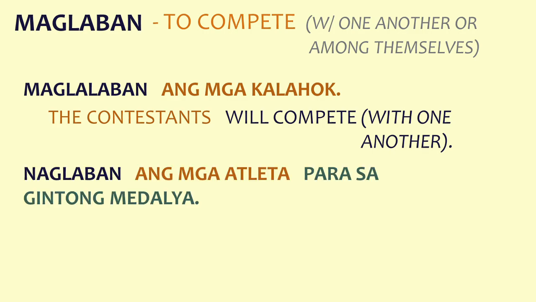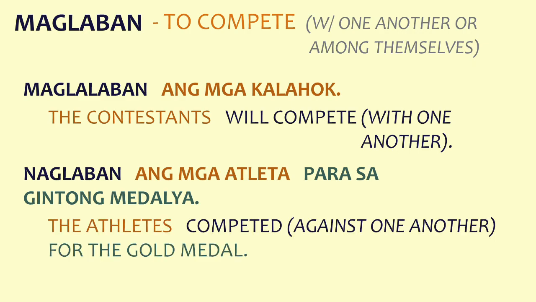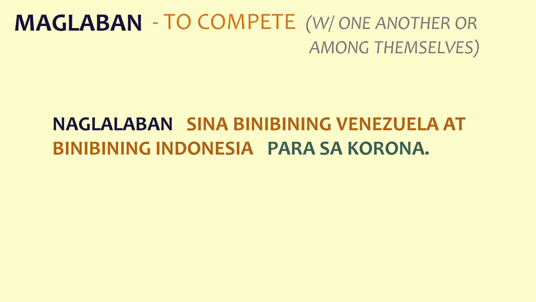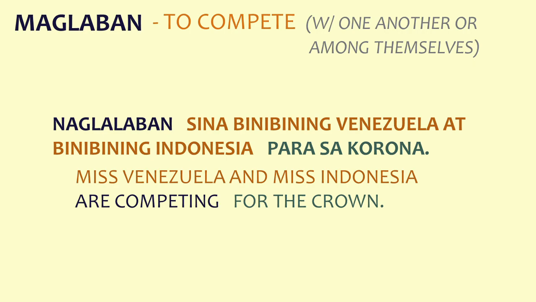Naglaban ang mga atleta para sa gintong medalya. The athletes competed for the gold medal. Again, against one another. Naglalaban sina Binibining Venezuela at Binibining Indonesia para sa corona. Miss Venezuela and Miss Indonesia are competing for the crown.